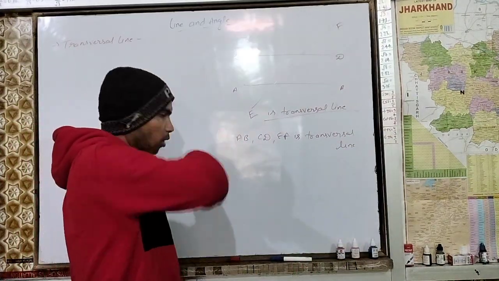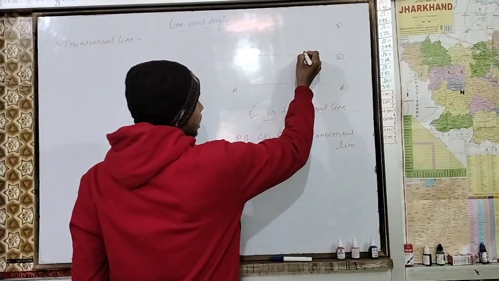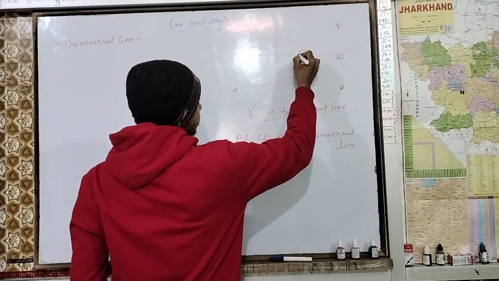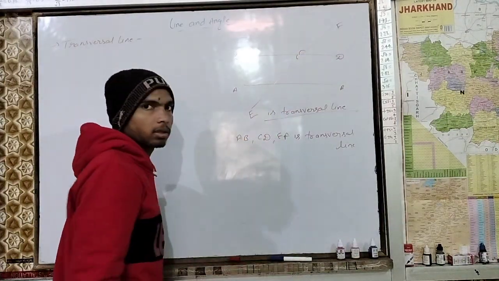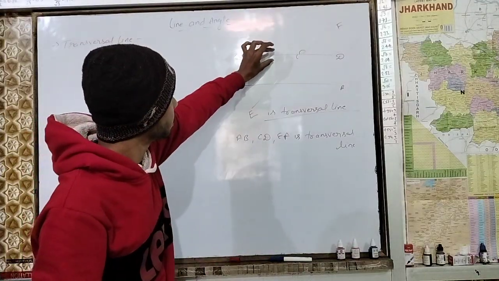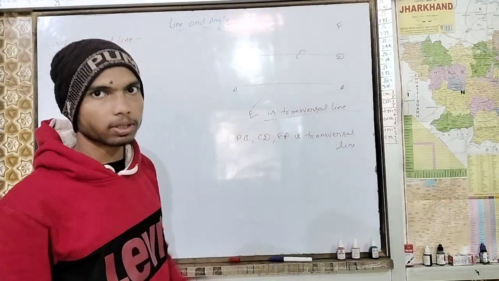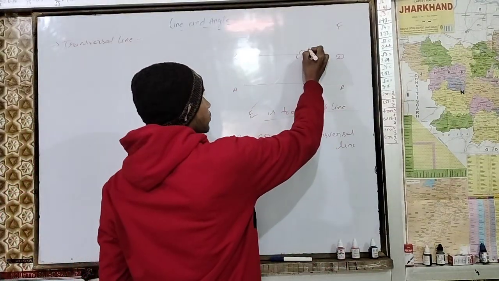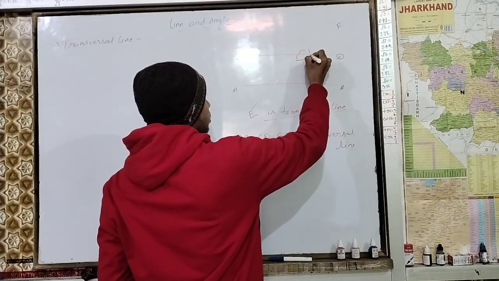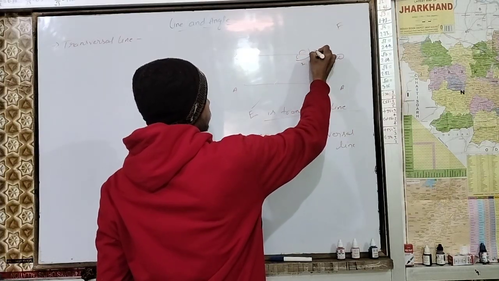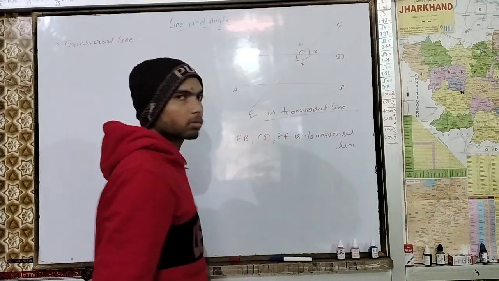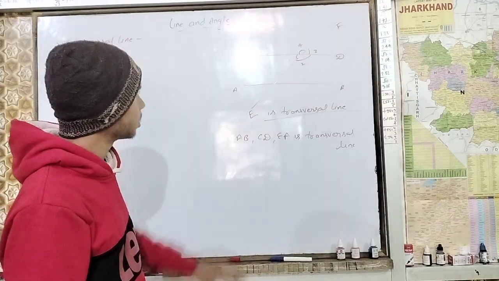Now we have to observe one thing. There are four angles made by this line and this transversal line. How many angles? Four angles. 1, 2, 3, 4. Same over here.